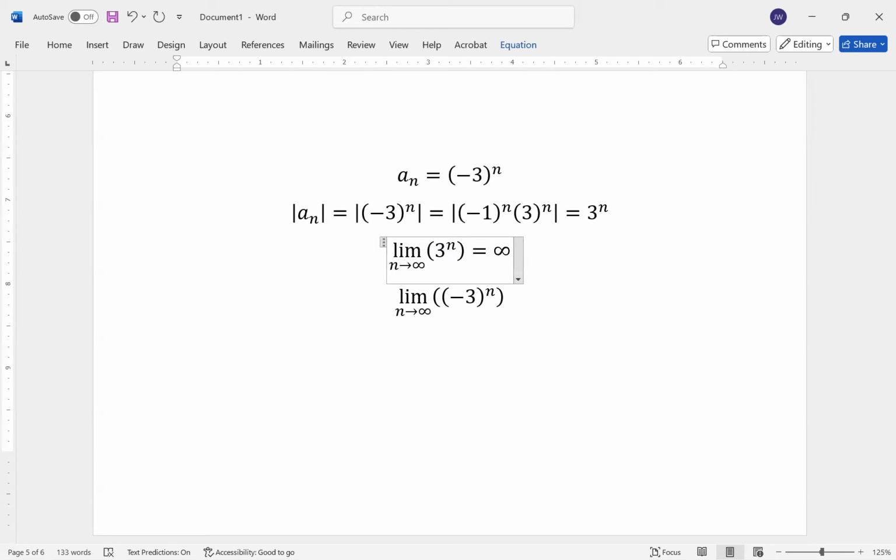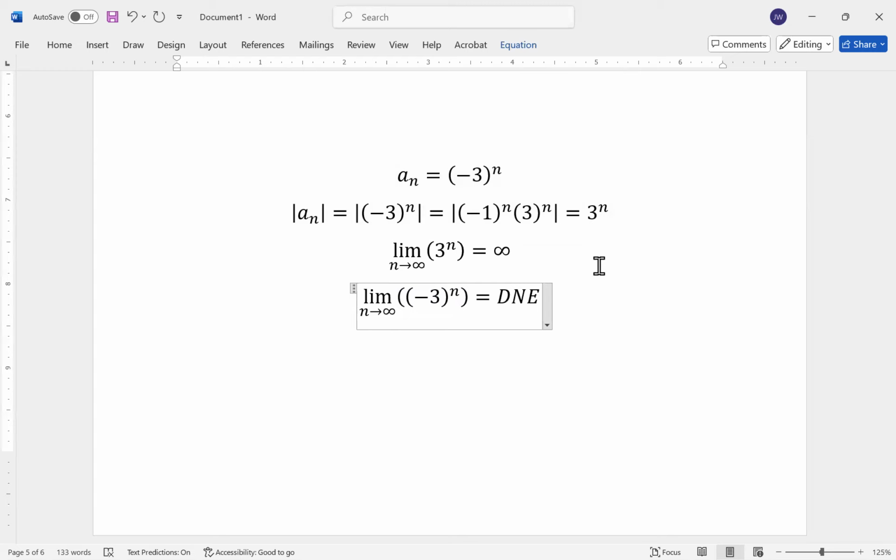That does not mean -3 to the nth power goes to infinity. -3 to the nth power actually does not exist, because if you look at what's happening, it's going to be bouncing back and forth between extremely large positive numbers and extremely large negative numbers, in the absolute value sense of the word large.